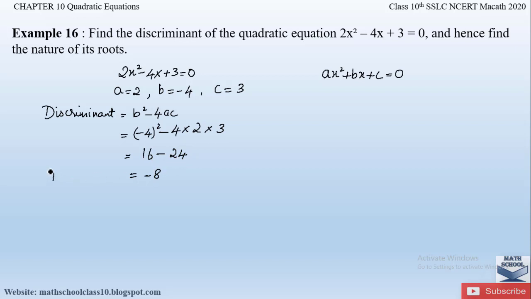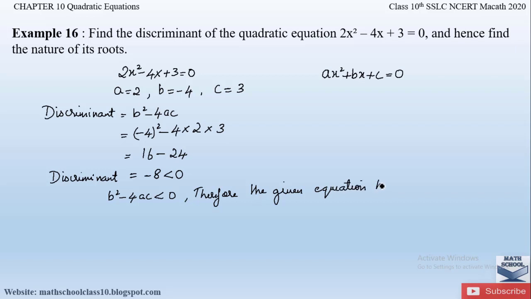So the discriminant is negative, which means it is less than 0. Since b square minus 4ac is less than 0, the given equation has no real roots. This is how we can find the nature of roots of any given quadratic equation.